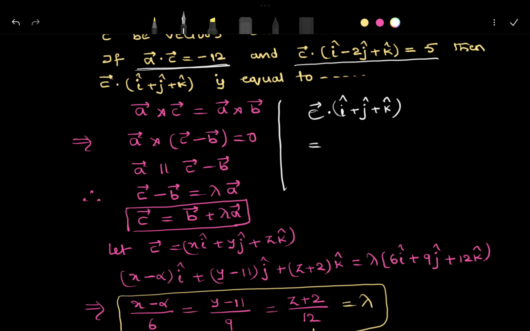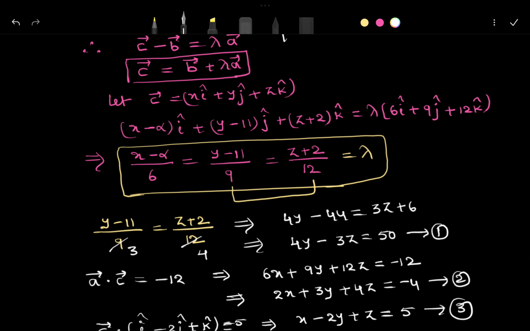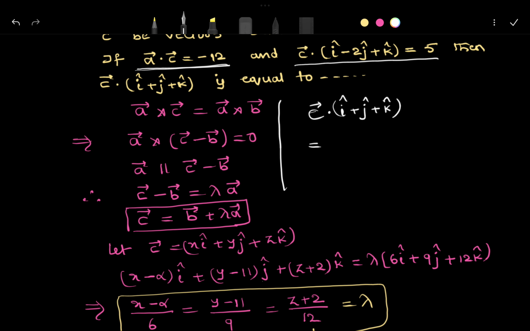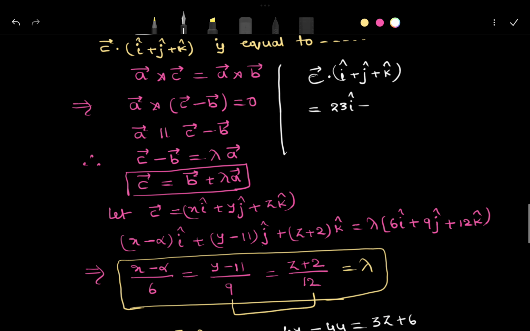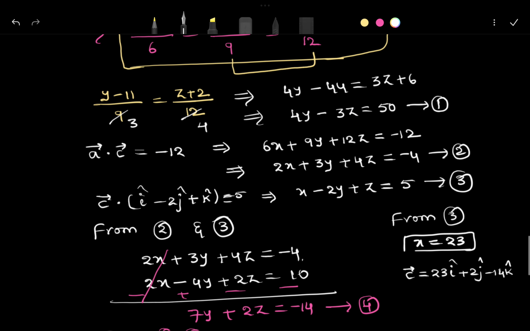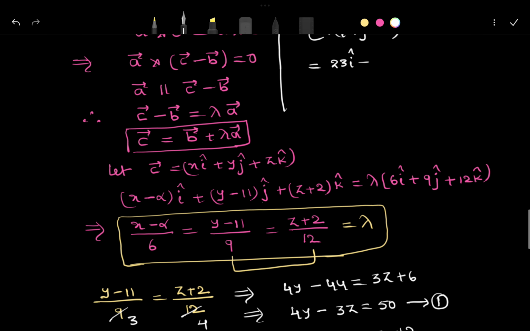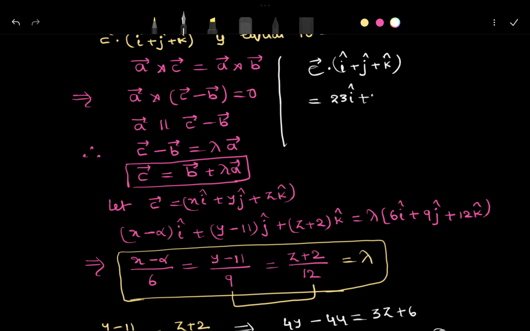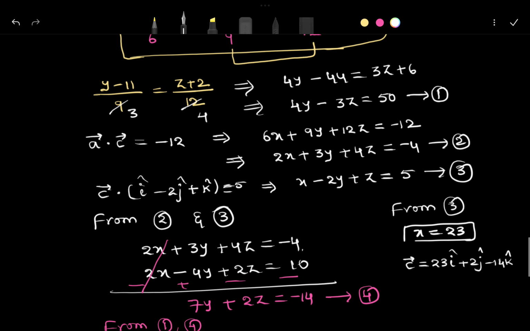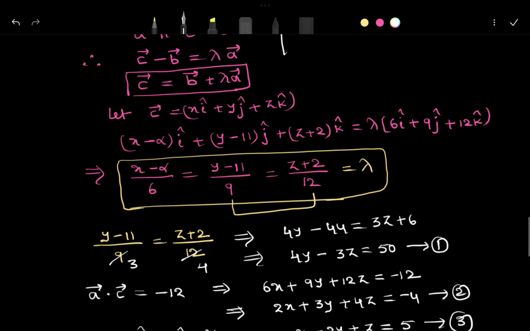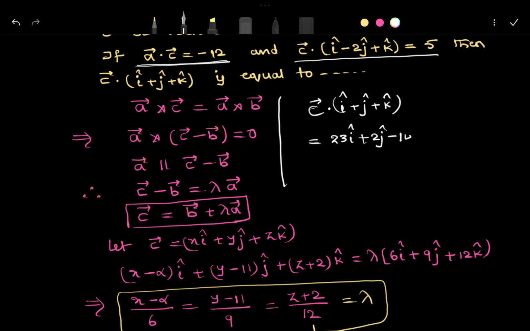The c bar value is 23, 2, minus 14: 23 into i cap plus 2 into j cap minus 14 into k cap, dot i plus j plus k.